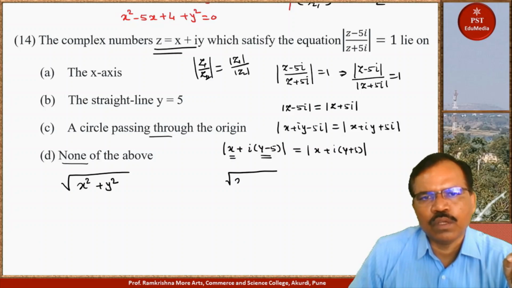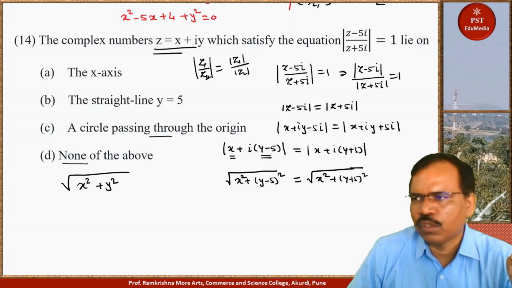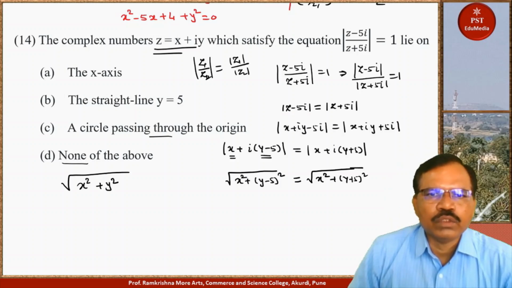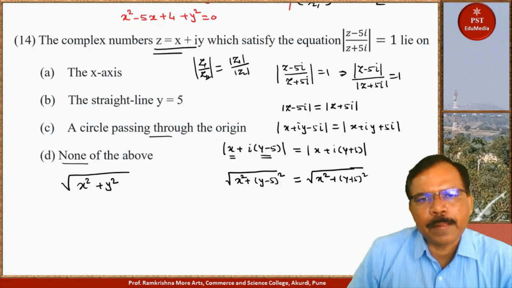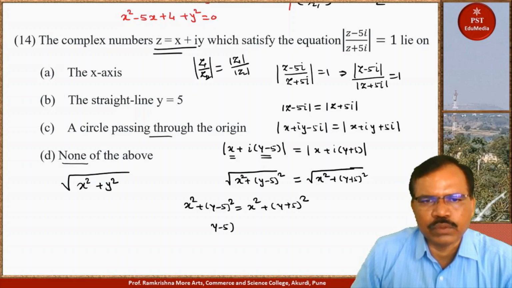So this is equal to square root of x square plus y minus 5 square, and this is equal to square root of x square plus y plus 5 square. So we get this. So here now squaring on both sides, we'll get x square plus y minus 5 square is equal to x square plus y plus 5 square. So we get here y minus 5 square is equal to y plus 5 square.